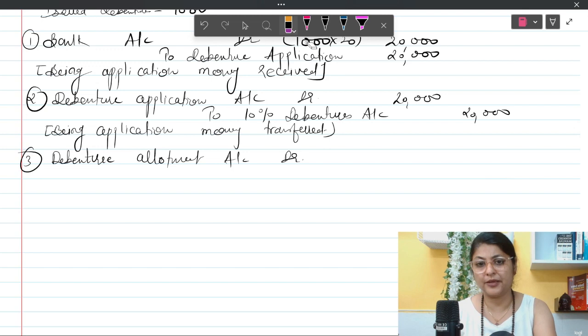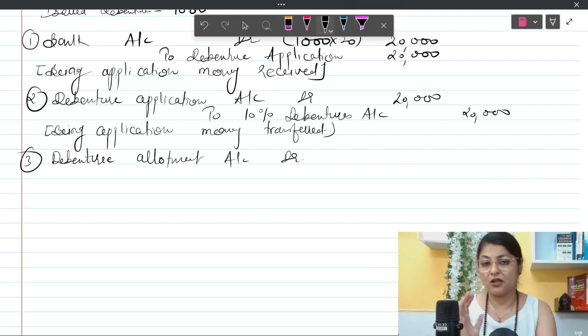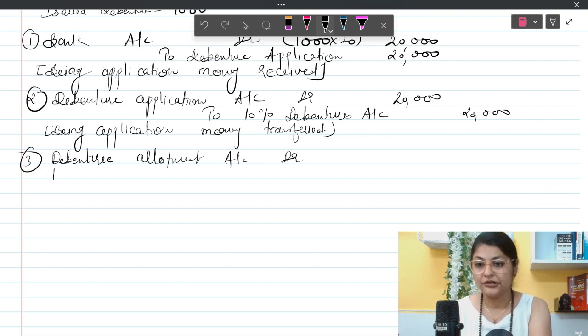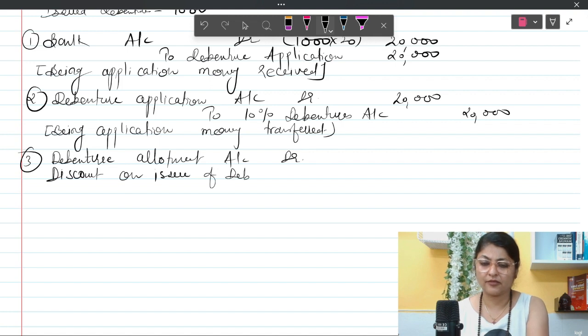I have to make this capital loss. What is capital loss? It is non-recurring in nature and is a big amount. So discount on issue of debenture is a capital loss. Discount on issue of debenture account is also going to be debited.